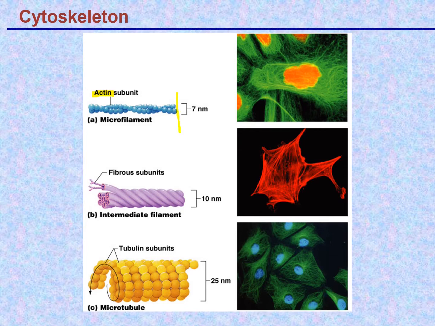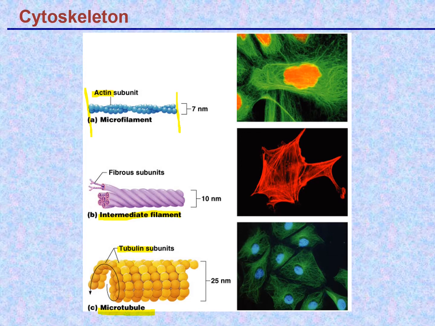It's cut short here and here, but it could be much longer, made up of individual actin subunits. Intermediate filaments are again made up of these helical structures, and microtubules are made up of the protein tubulin, so they're tubulin subunits, and again in an alpha helical pattern.